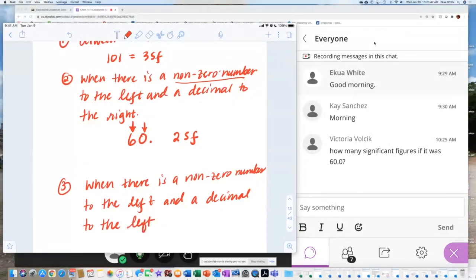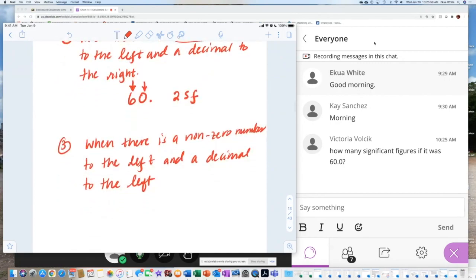All of these are happening to the left, right? Here I'm not saying that the 0 has to be between the decimal and non-zero number, but I'm just saying somewhere to the left of the 0, there has to be a non-zero number and a decimal, okay?